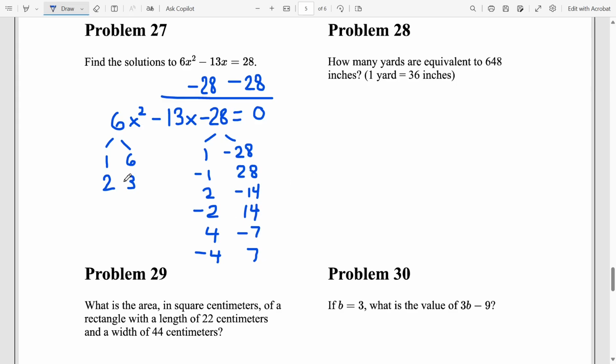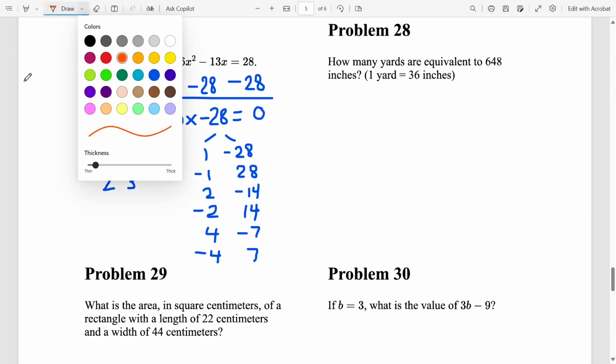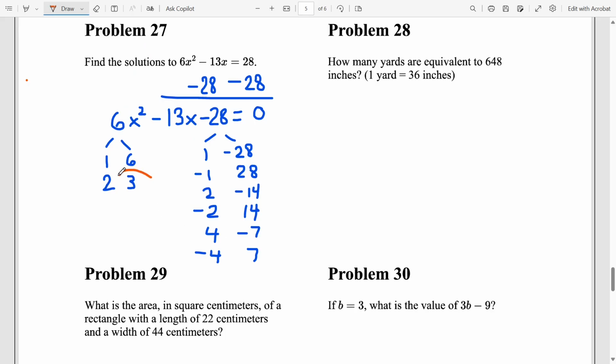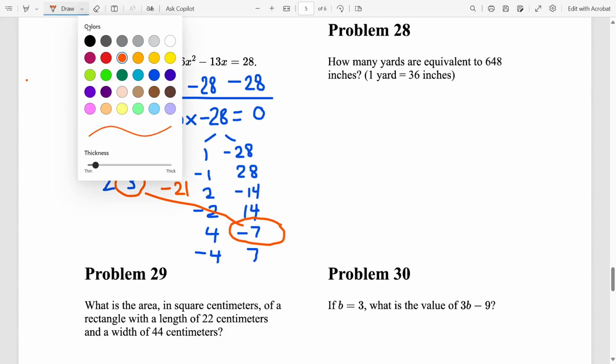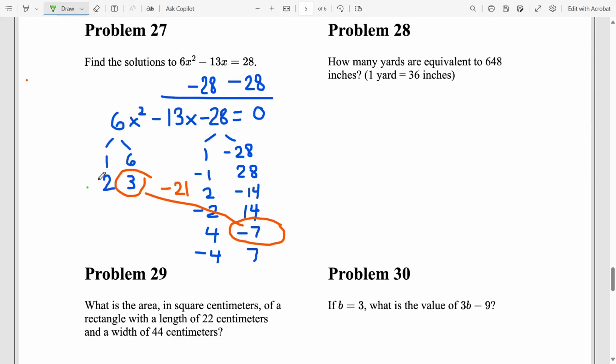Now, if I do 3 here, and I multiply by negative 7, that gives me negative 21. Then, if I do the other pair, 2 times the other number in the other pair, 4, so 2 times 4, that would be 8. So negative 21 plus 8 is going to be negative 13. So those are the numbers I want.